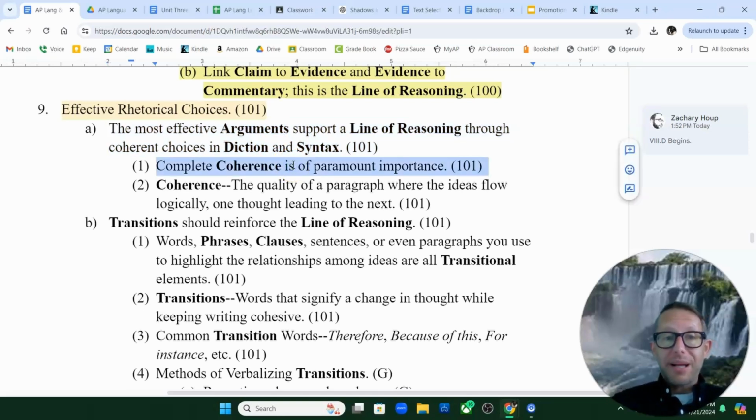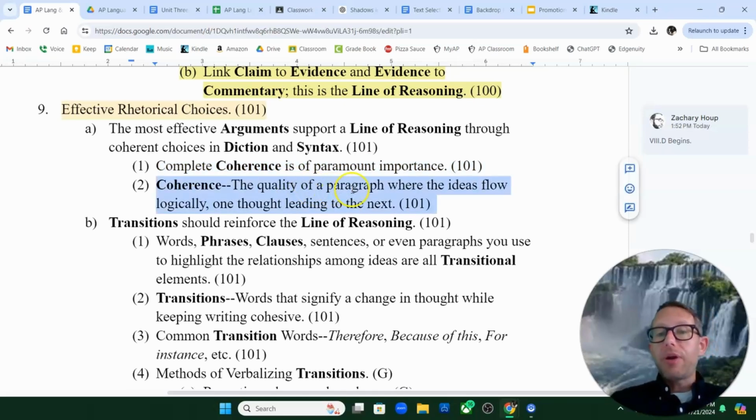Okay, and on that subject, you need to keep in mind that above all, no matter what your motivations for diction and syntax happen to be, coherence is the most important thing. Merely being coherent. And what do we mean by coherent? Well, we mean the quality of a paragraph where the ideas flow logically, one thought leading to the next, and in essence, everyone understanding what you're saying and how you're saying it, okay?